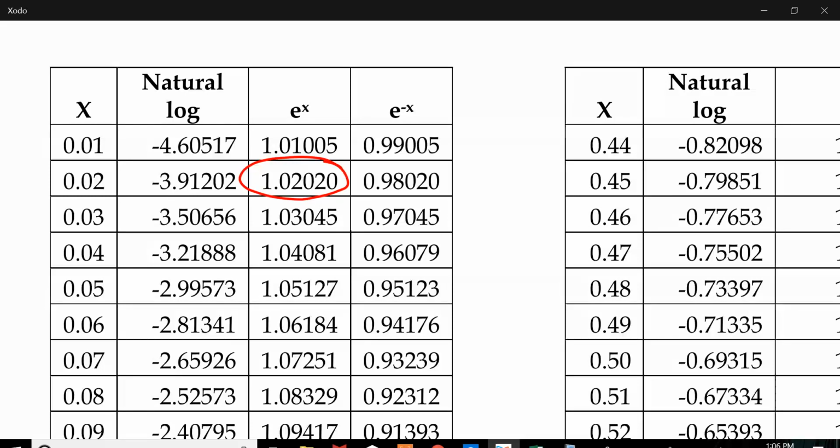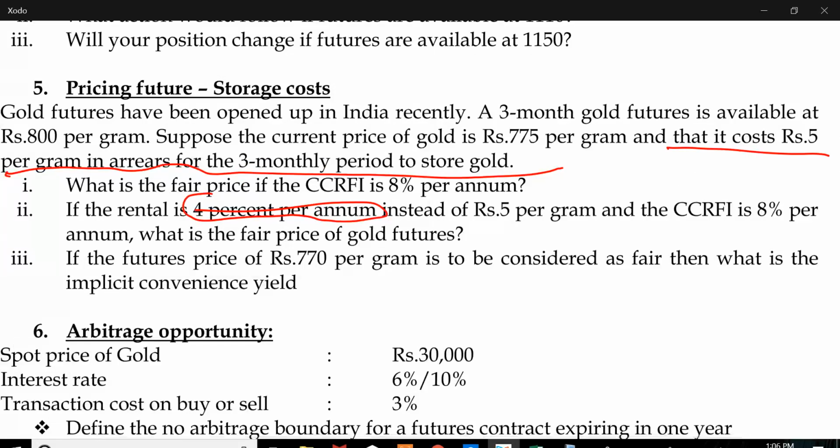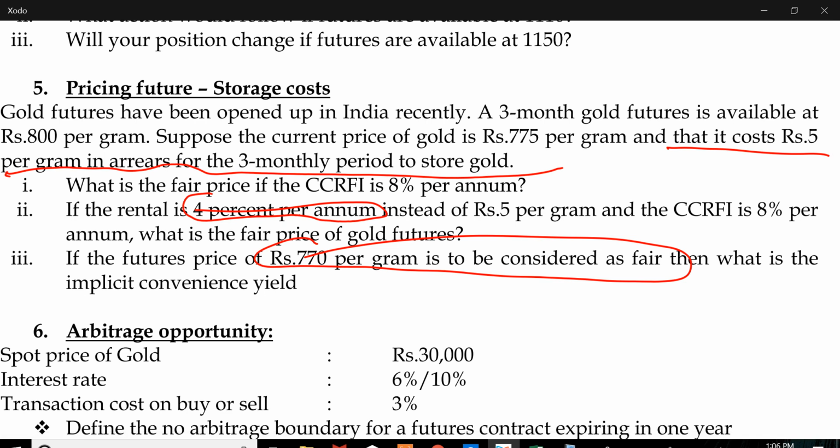Now wait. If the futures price of 770 is to be considered fair, you have done your analysis and said that this is the fair futures price, but they are not agreeing on this. They are saying the right price is 770 per gram. What is the implicit convenience yield? Now please listen.